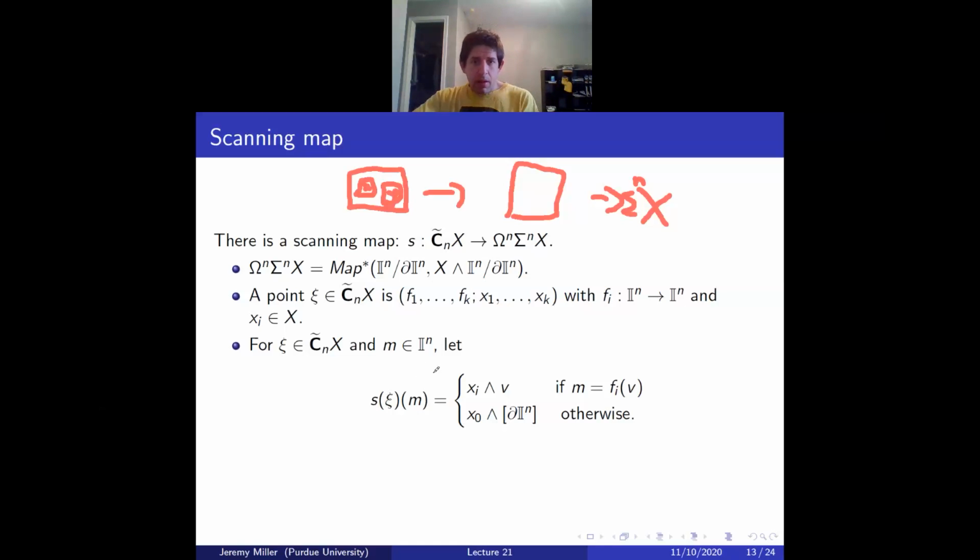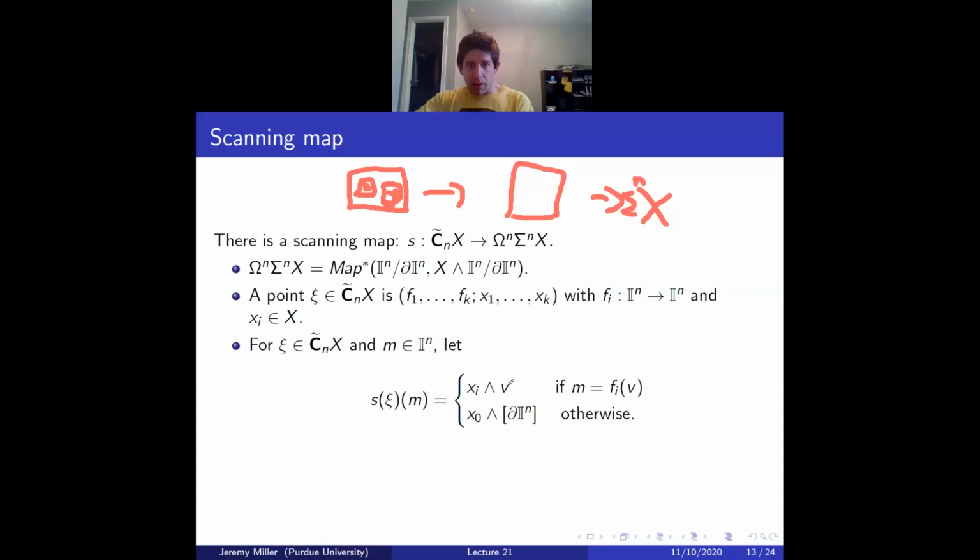And then the formula is going to be, we're going to send this configuration of points and embeddings to a function. We'll plug in m, a point in the cube, and if m is in the image of fi, so m is equal to fi of v, we just send it to the point xi smash v.